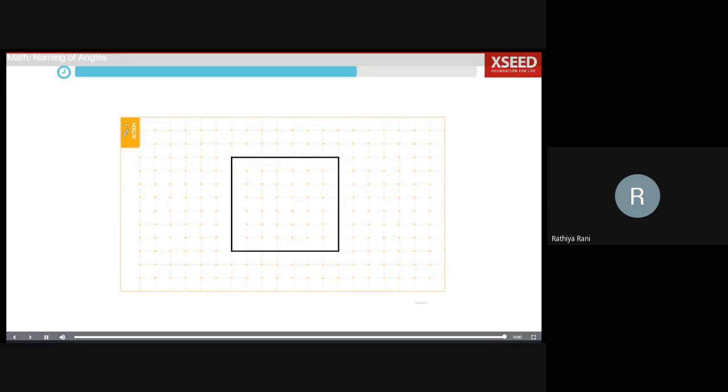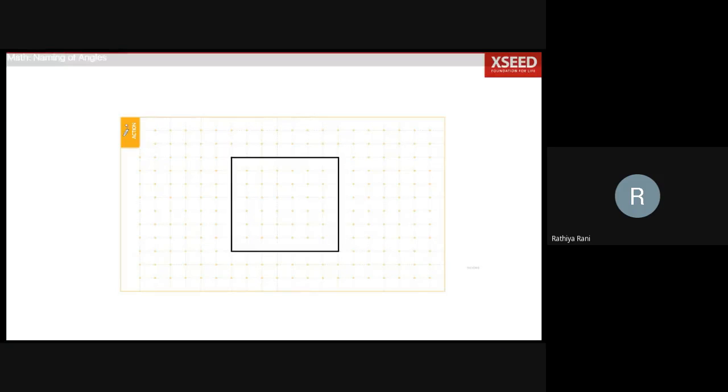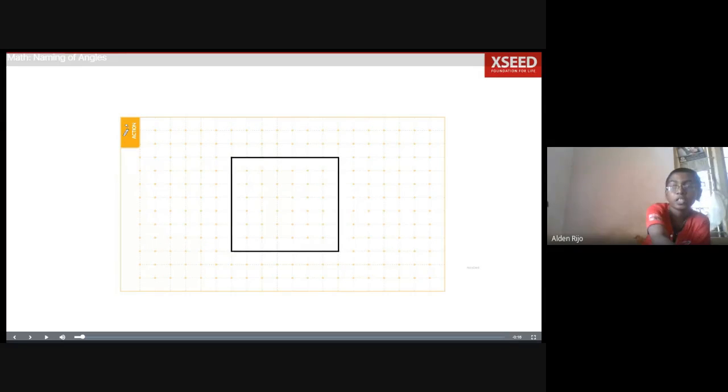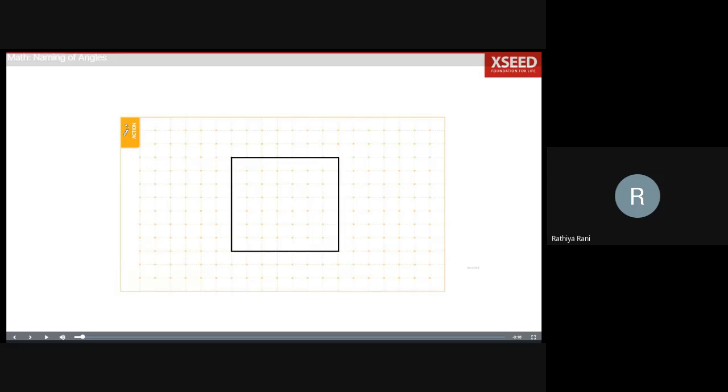And Rijo, count 8 dots and join them together on 4 sides, and finally you will get a square. Join 8 dots and make a square. Finished. Okay, Rijo completed. Evelyn?